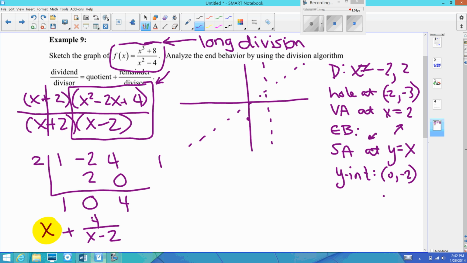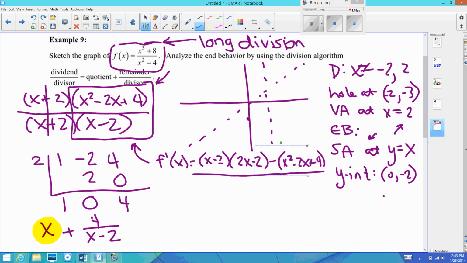F prime of x. I'm going to use this function, because why go ahead and make my numbers larger, all right? So, ho d hi minus hi d ho, all over ho ho.